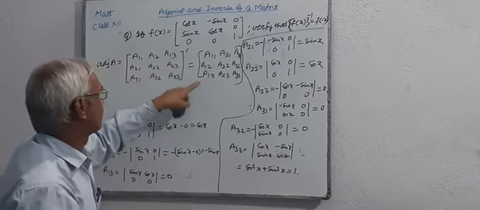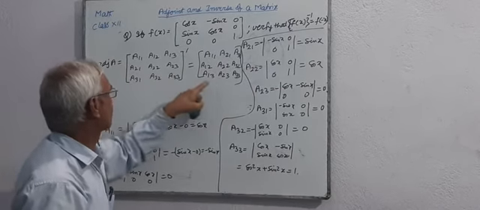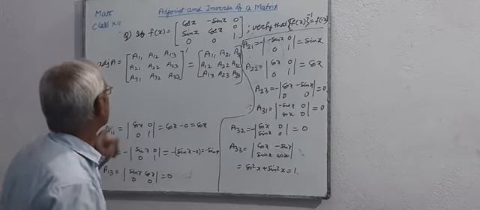First row written in first column, second row written in second column, third row written in third column.